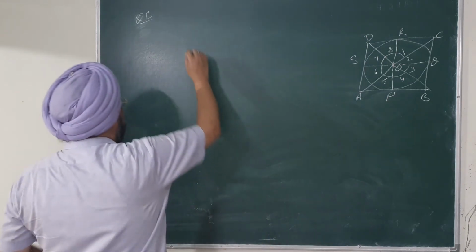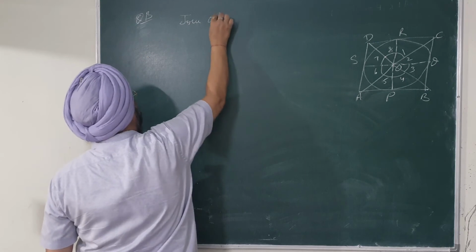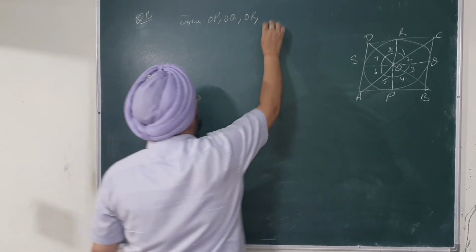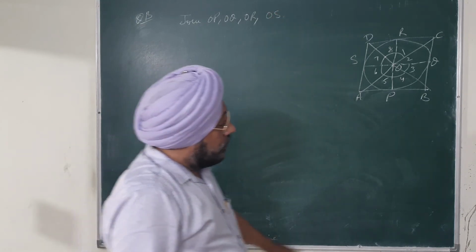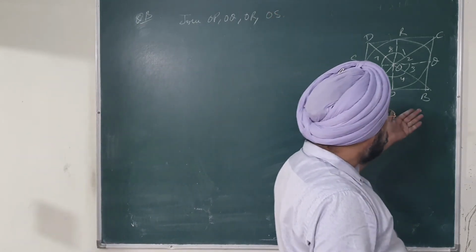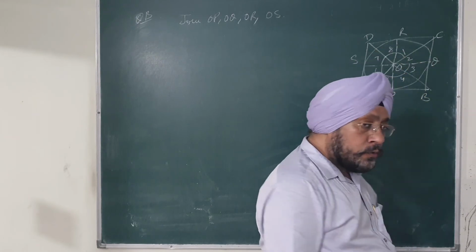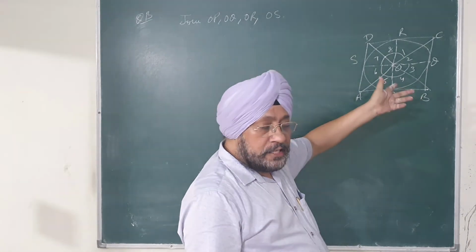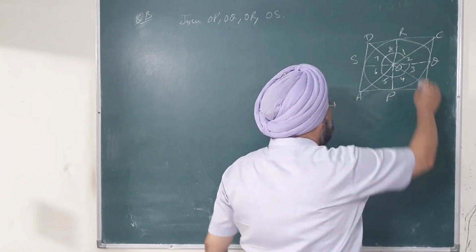So first of all, we have to write the construction, that is join OP, OQ, OR and OS. Now if you remember, we have done question number 9 in which we have shown that angle COB is equal to 90 degree.